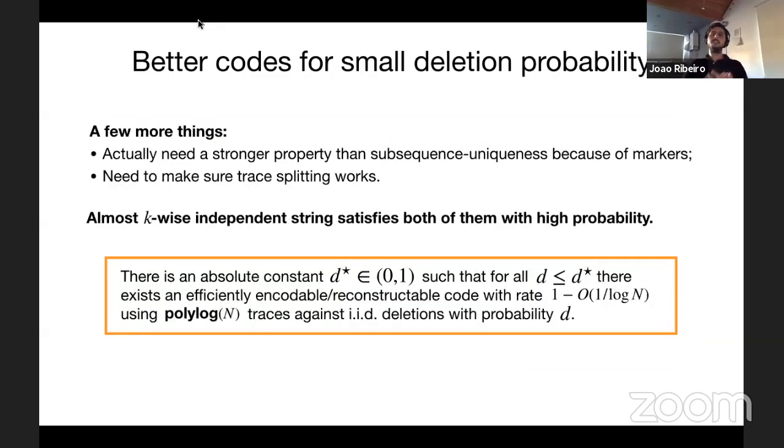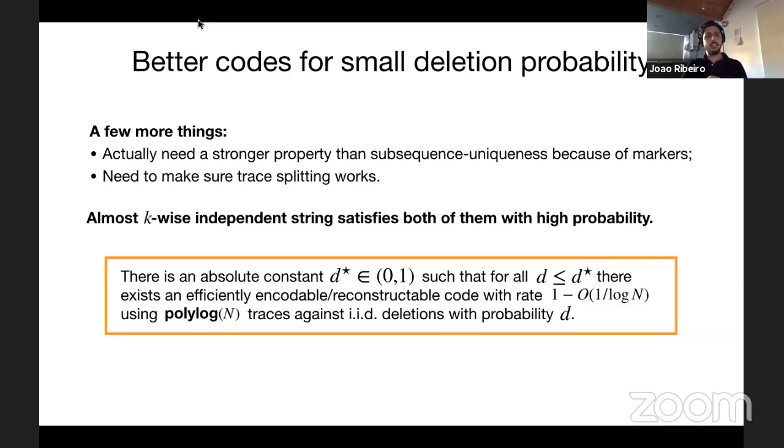Right, so this is the first barrier. There are a few more things to consider that I won't go over. First of all, we actually need a stronger property than subsequence uniqueness because of the markers. Also, we need to make sure that trace splitting works. So all I said before was assuming that trace splitting works. So your code words need to be dense in number of ones. But this can be easily fixed by using the properties of the almost k-wise independent generator.